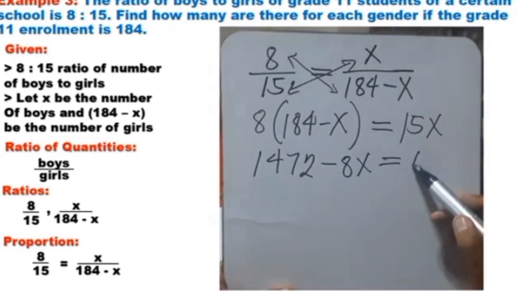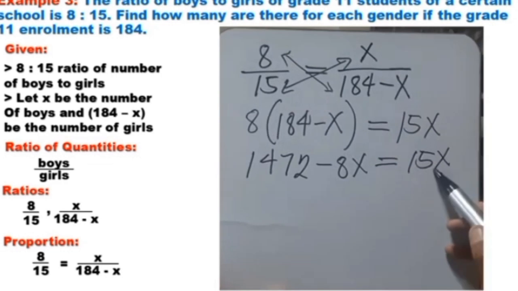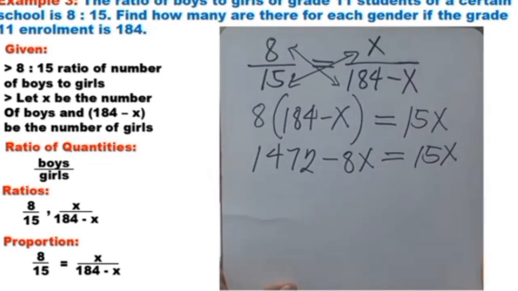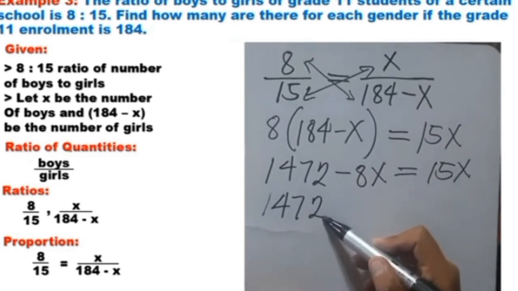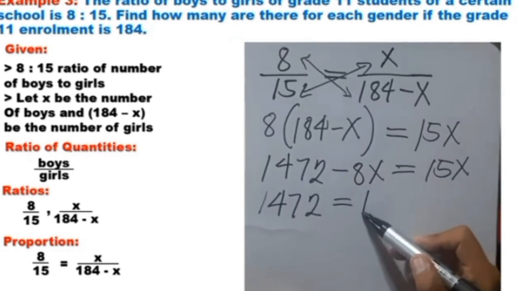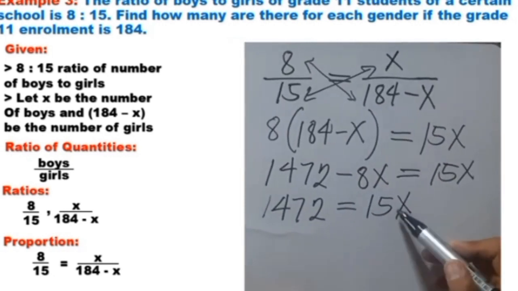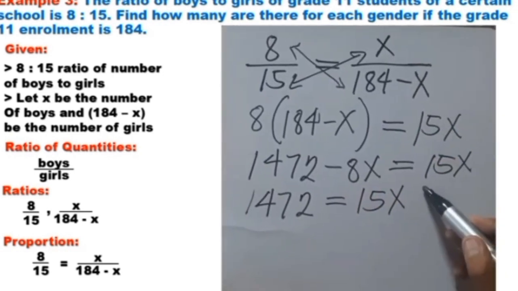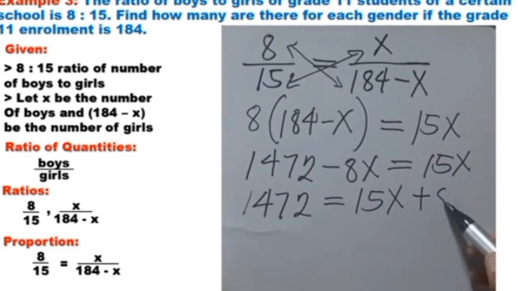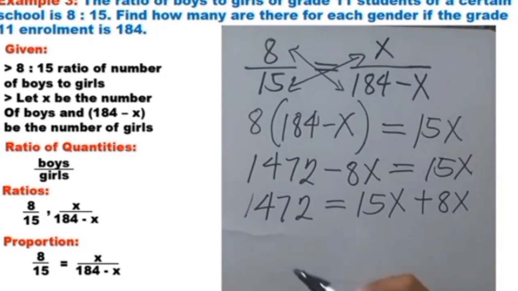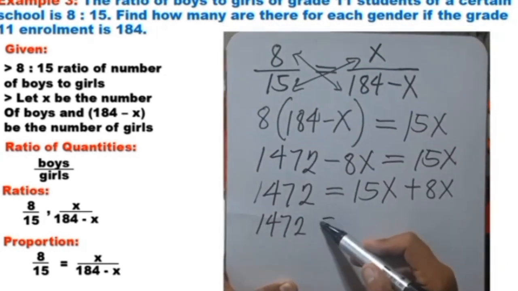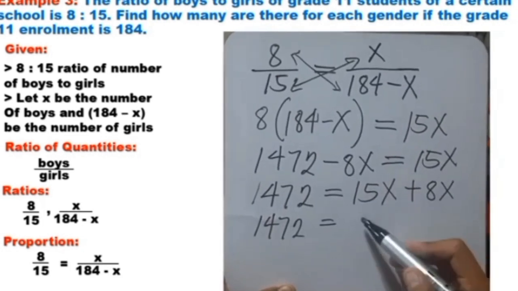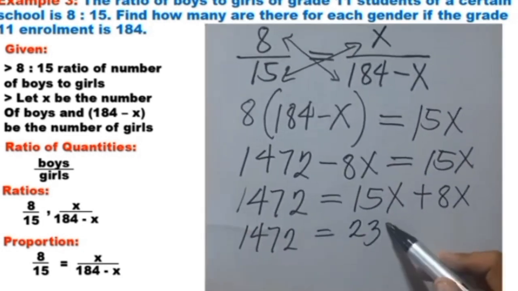Copy 15X. Combine like terms. So copy again 1,472 equals 15X. Transpose negative X to the right and it will become positive, or plus 8X. 1,472 equals 15X plus 8X is 23X.